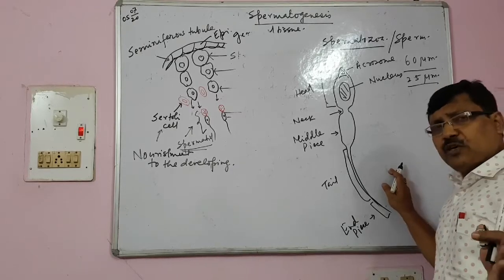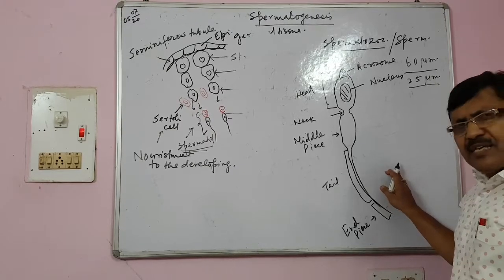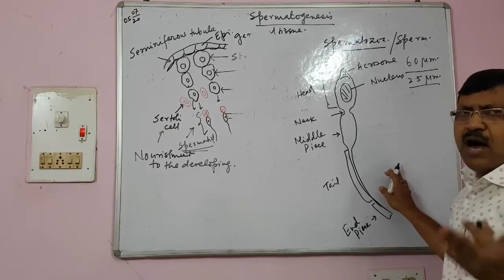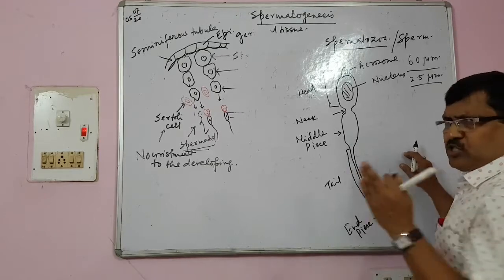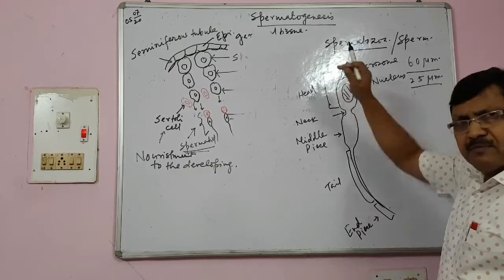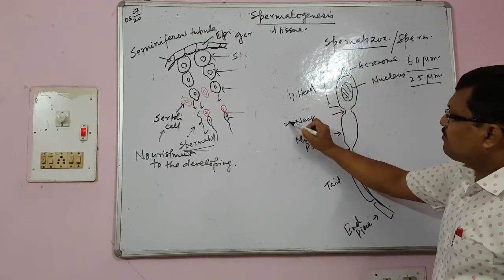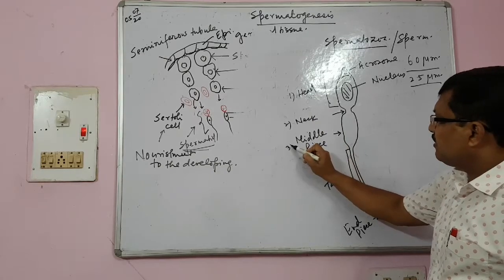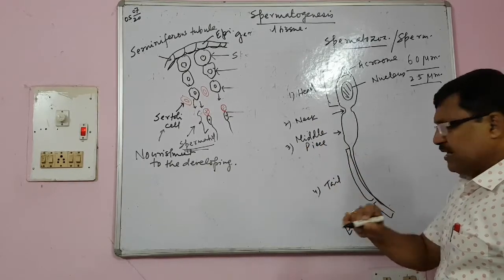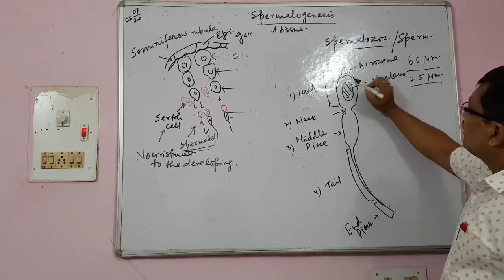And the longevity of the spermatozoa within the female body is around 72 hours, so approximately 3 days. So a spermatozoa, meaning a sperm, has a head, the second part is the neck, third is the middle piece, fourth is the tail. Okay? And the end piece is part of the tail.